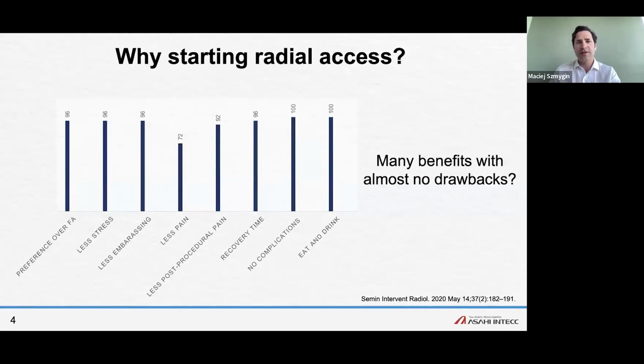Interestingly, only 72% of patients said it's less pain, but that is still a vast majority. Less post-procedural pain in 92%, faster recovery time, no complication is 100%. Eat and drink is also 100%. It doesn't mean there is no complication whatsoever, but in this group of patients there was none, so they were very happy. So is our thesis that there are many benefits and almost no potential risks true or not? We will see.